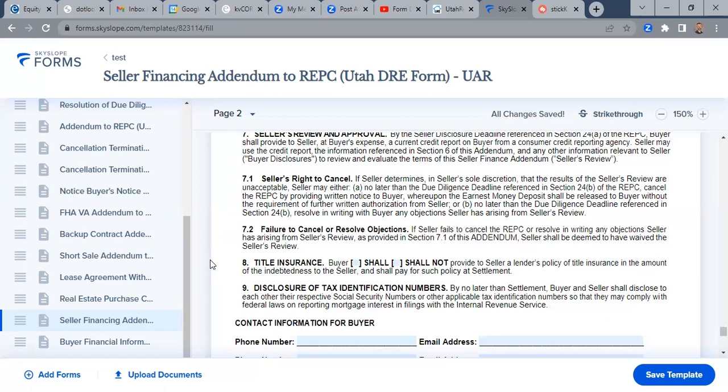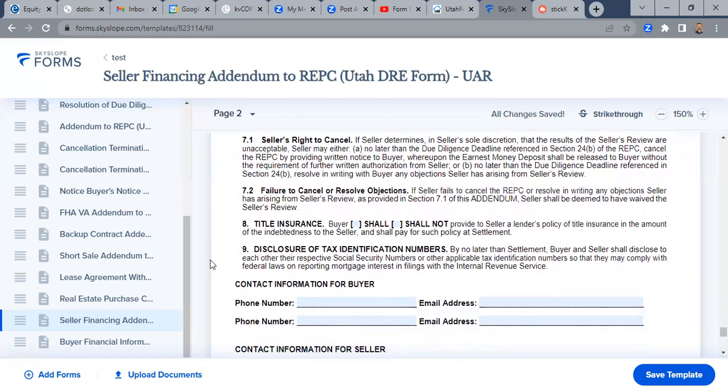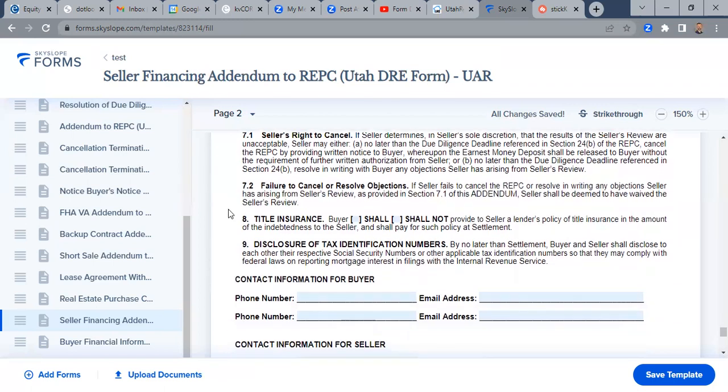All right. So they can either cancel or resolve any objections. And that might be, hey, you're a little bit higher risk, so we're going to increase this down payment by $50,000. It's all negotiable. If the seller doesn't cancel or resolve in writing, then they are deemed to have waived the seller's review.